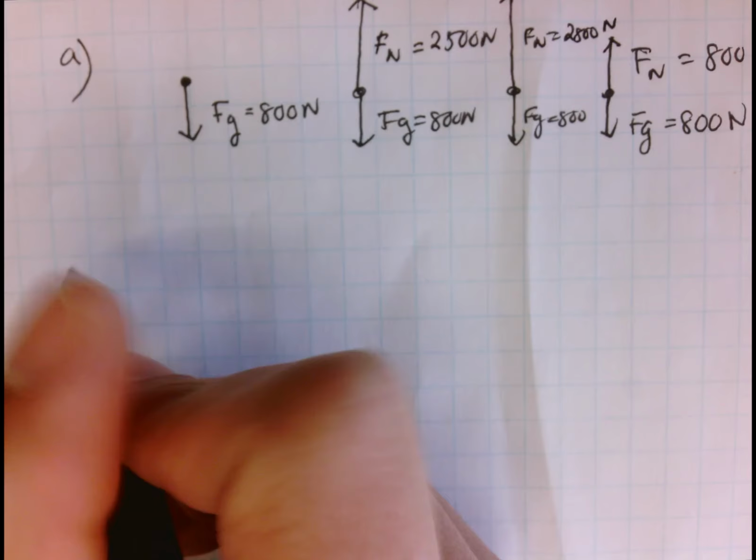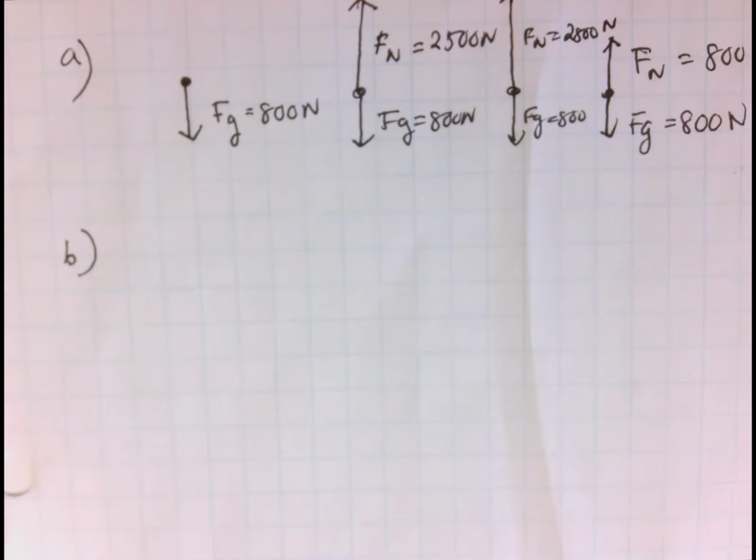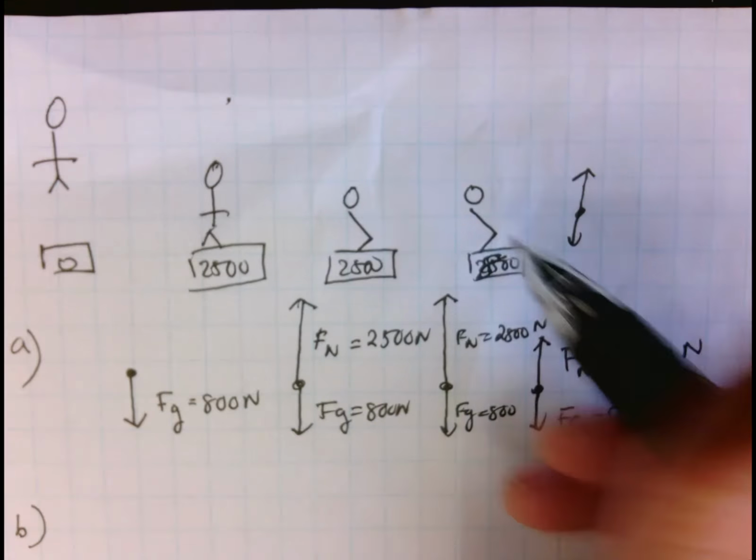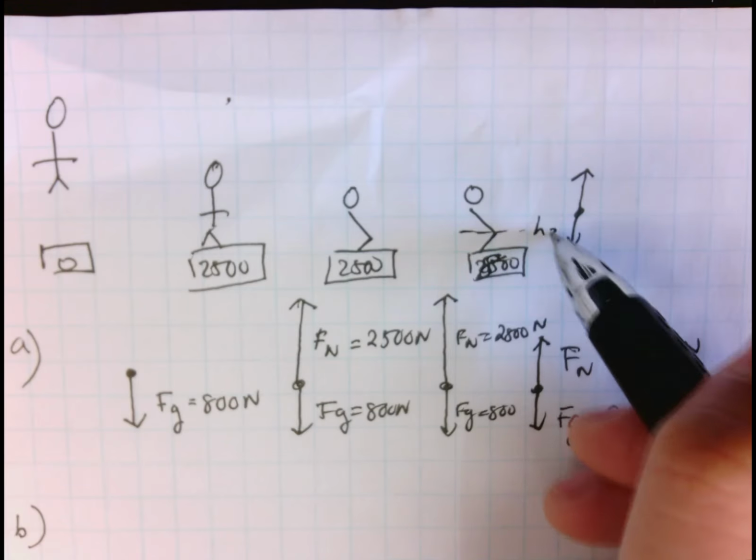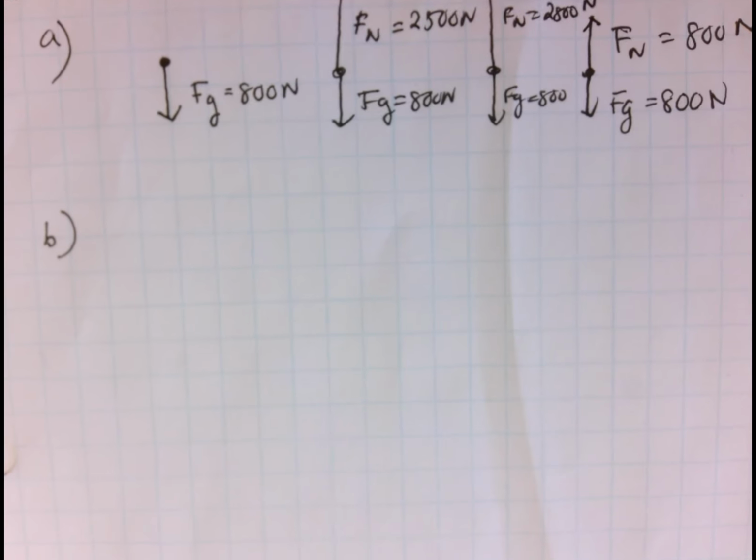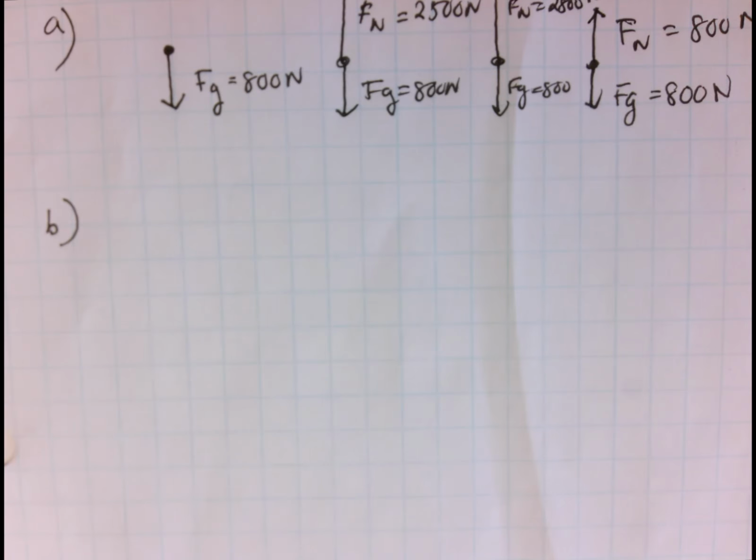So the second part of the question asks to calculate the lowest height, which is the height h3 at the fourth scenario, which is right here. So we can do this by using the energy and work concepts that we've already learned.